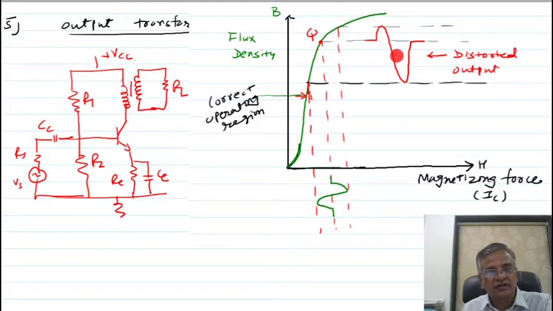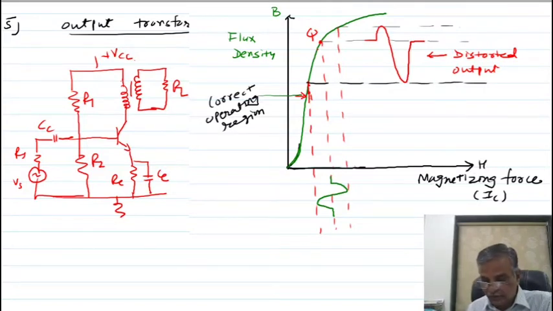This is called output transformer saturation problem. For correct undistorted output, your Q point should be here. So when you apply the input signal, its proportional flux will be changed in the secondary, and you will not get distorted output voltage.